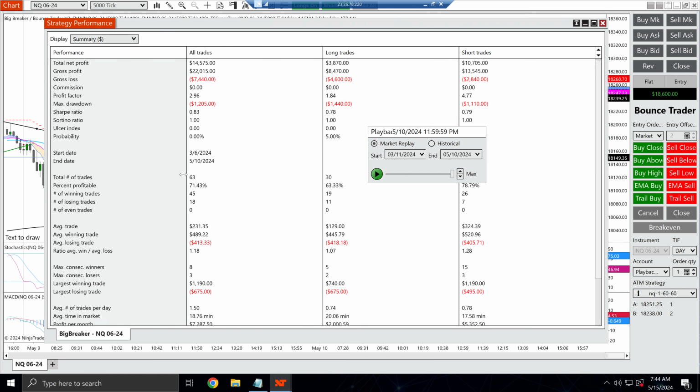We had 63 trades and 14 grand in profit. And our biggest loser was 675. That happened one time, I believe. And usually your take profits and stop losses are around $400 on average.